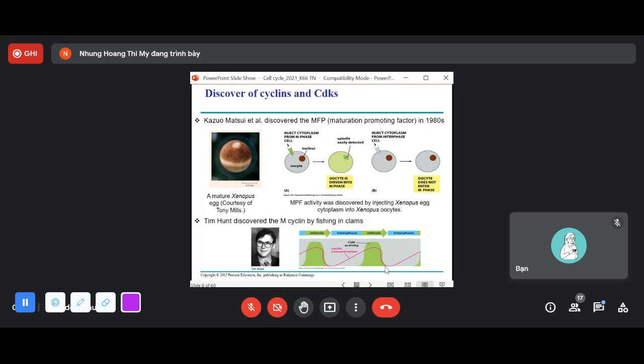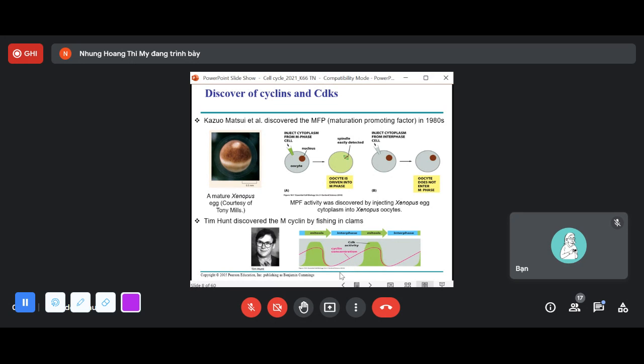And this protein repeats this performance in each cell cycle. So it's similar to the activity of the MPF, but the difference here is that one changes the concentration and the other changes the activity. So those are the two things different between the cyclin and the CDK.